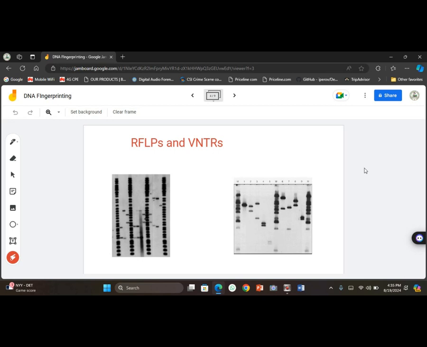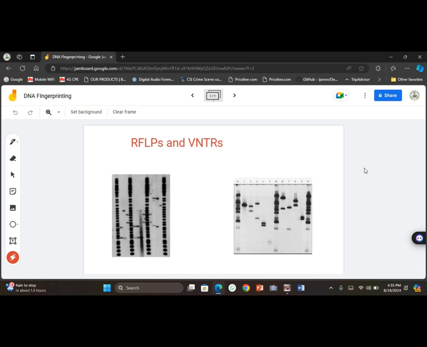And the second stage involves the cutting, the sizing, and sorting of the DNA sample. I said the first stage, after obtaining the sample that we need, is extracting the DNA from the sample.